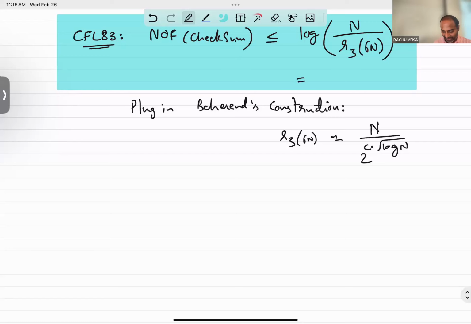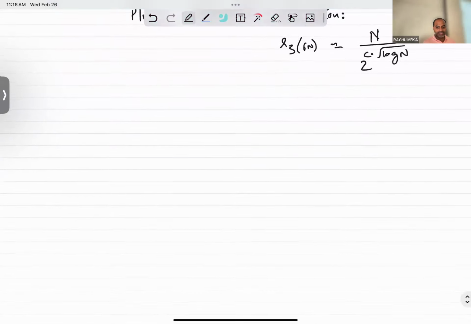So this becomes square root log n. Okay, log of 2 to the root log n is O of square root log n. Okay, so that's how they get this. All right.